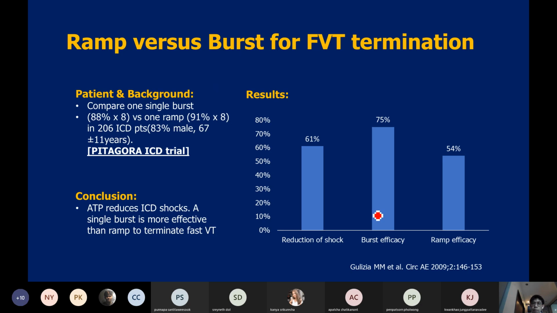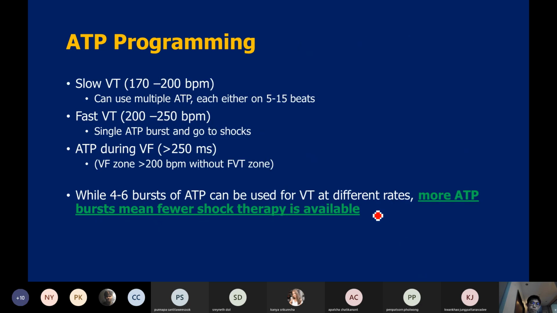The effectiveness of burst seems to be higher than ramp, 75% versus 54%, to terminate the fast VT. So this study concludes that ATP reduced ICD shock. A single burst is more effective than a ramp to terminate the fast VT. So nowadays we usually program burst more than ramp because many studies have the same result as this study.